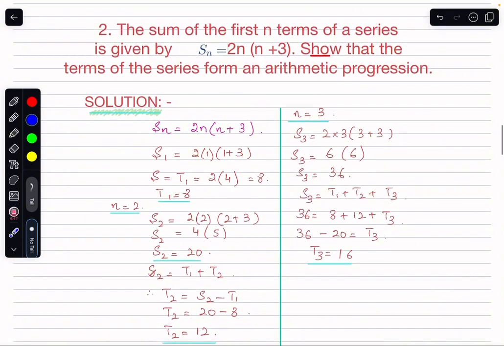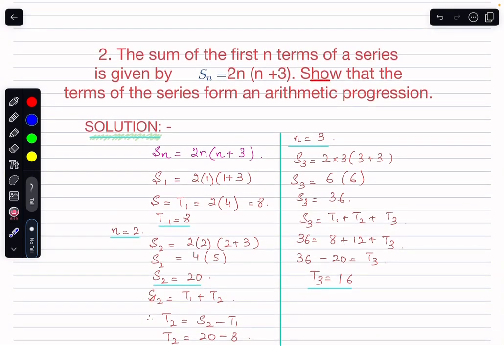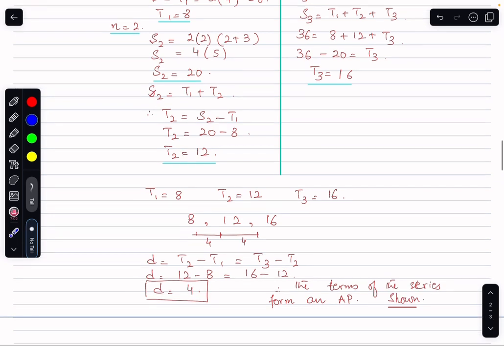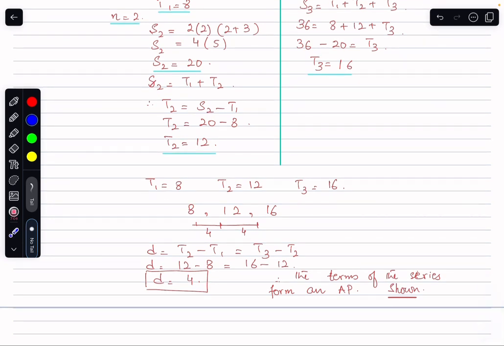So I have to show that the terms of the series form an arithmetic progression. The series is in arithmetic progression only if there is a constant common difference. I have T1 equal to 8, T2 equal to 12, and T3 equal to 16.